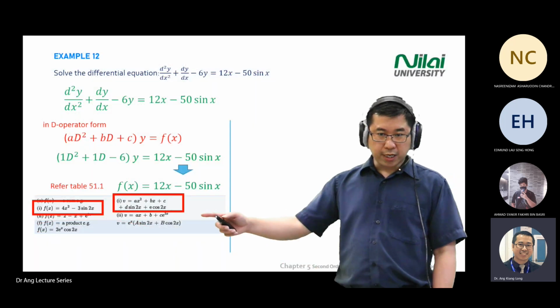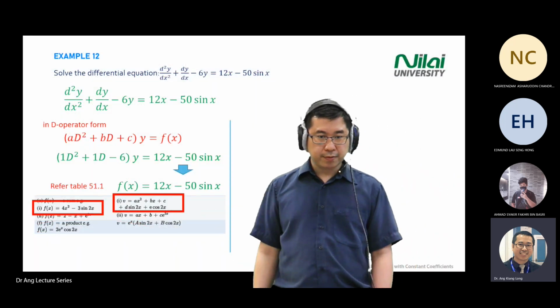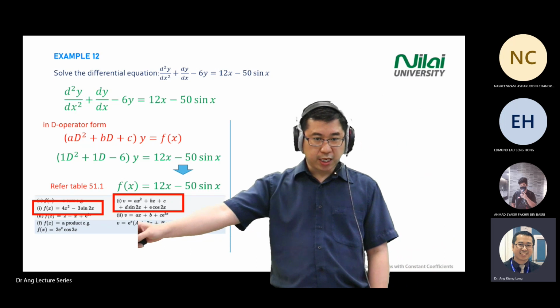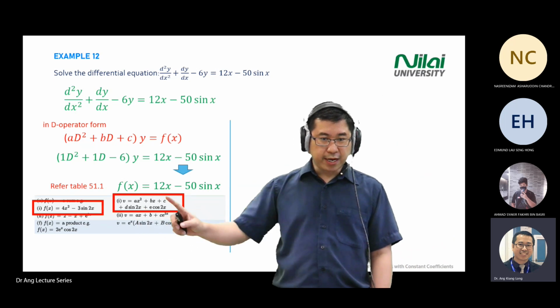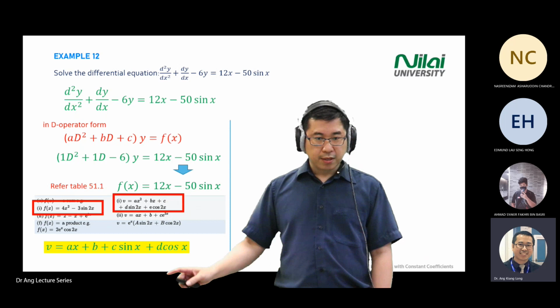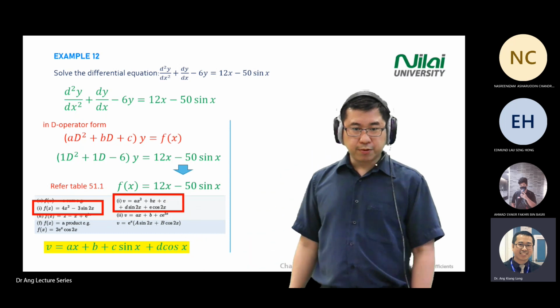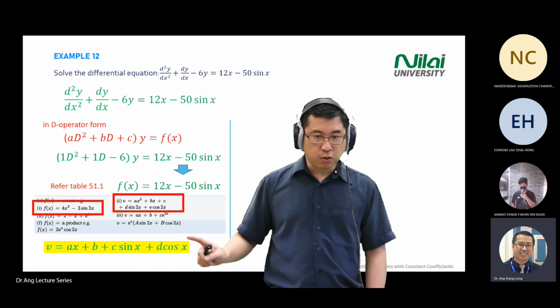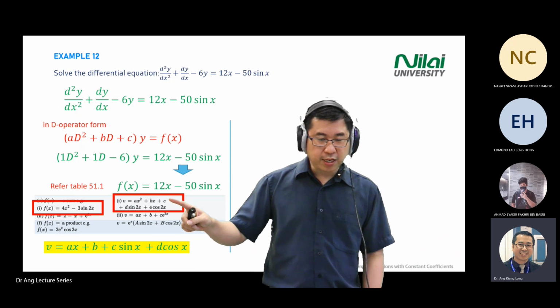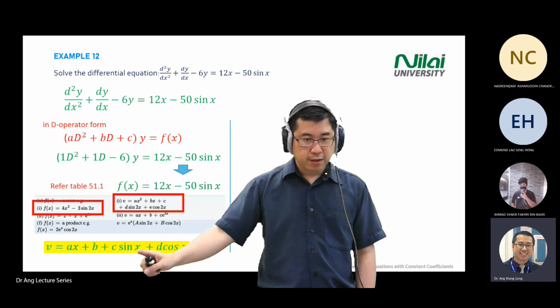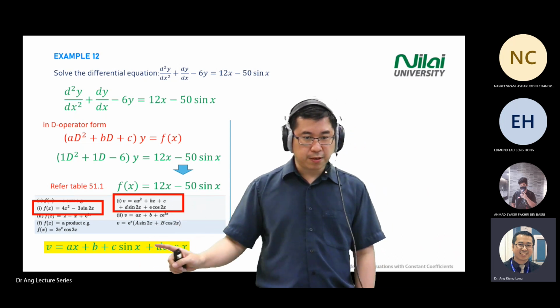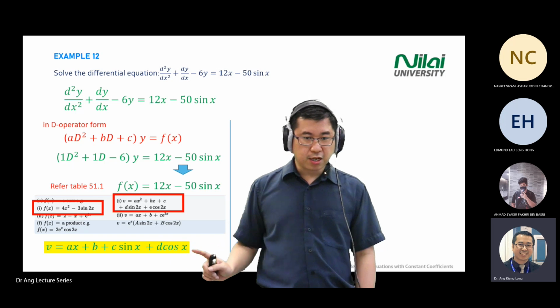So I pull to the drawing board here. You refer to E, first one and the first one. So the V that you'll be using is V equal to, you copy the whole V value in the table. V equal to ax plus b plus c sine x plus d cos x.